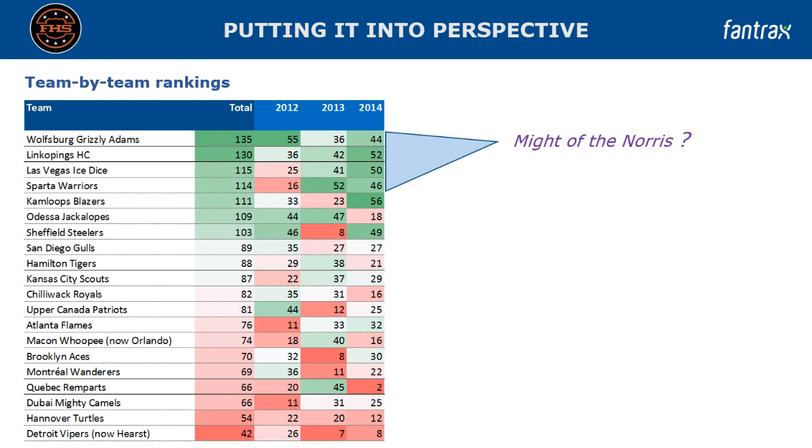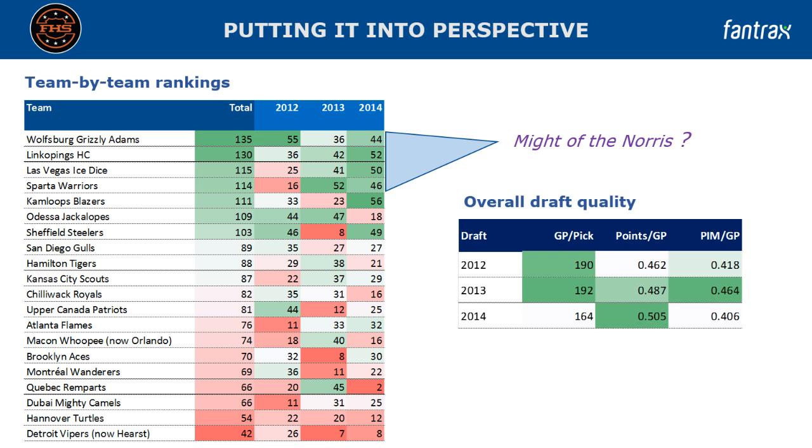So this is maybe one of the foundations of the might of the Norris that we came to see over the next couple of seasons before some of the teams went into a rebuild over the past 3 years. But in this time frame, exactly like 2014 to 2017, 2018, I think the Norris was definitely the strongest of the divisions.